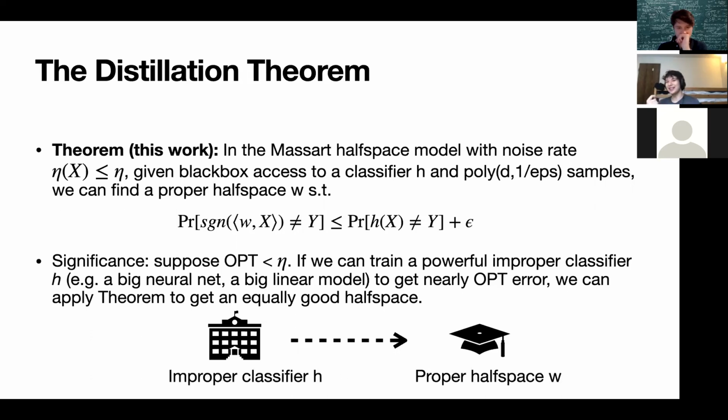If we give our proper learning algorithm additional access to a classifier H that does better than eta, maybe halfway between opt and eta, or very close to opt, we can modify our proper learner to extract a half space which has equally good performance, up to plus epsilon, and as you take epsilon smaller, we run longer. It's black box in the sense that we don't care about the structure of the teacher H. Although we do require looking at additional samples from the distribution, but that's the only other thing you need.